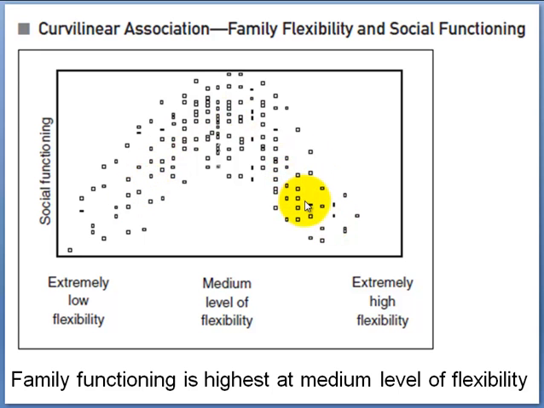So we do have a relationship, which is to say we can see pattern. We don't have that buckshot scattering of dots that we had when we looked previously at a correlation of 0. So this is an example of a situation where the correlation between flexibility and social functioning, as measured by R, actually is very close to 0.